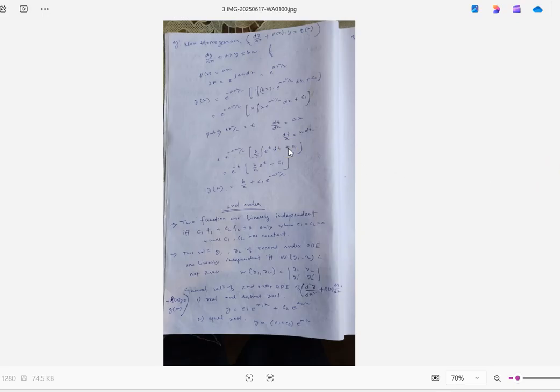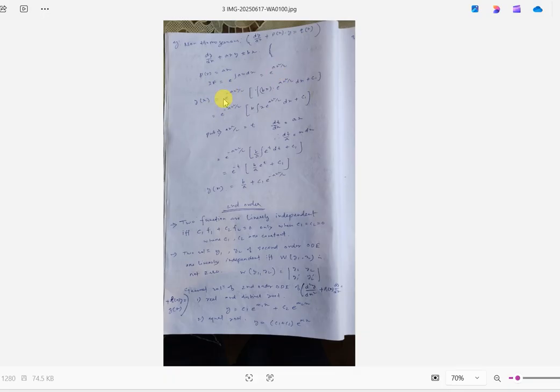Now how do we make it an exact equation so that we can find the solution? Well, we'll try to find an integrating factor. The integrating factor will be e to the power of the integral of p of x. p of x is nothing but ax, so the integral of ax dx, where a is a constant, gives ax squared by 2.